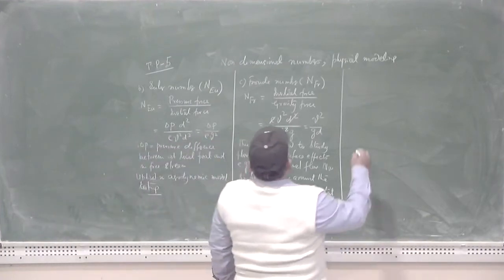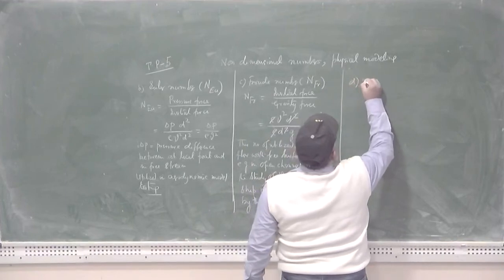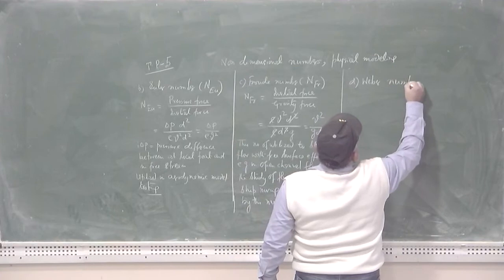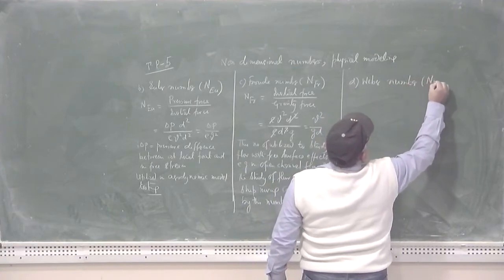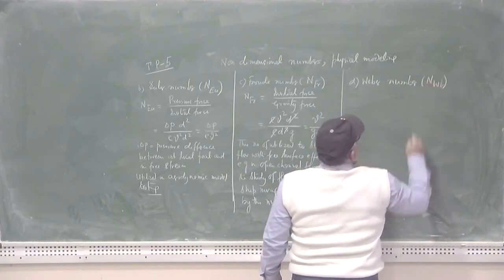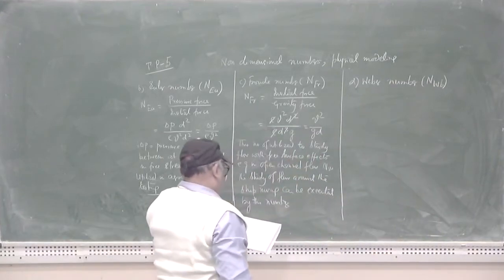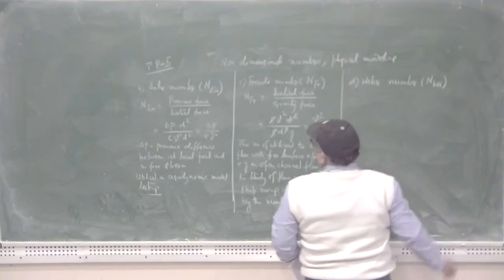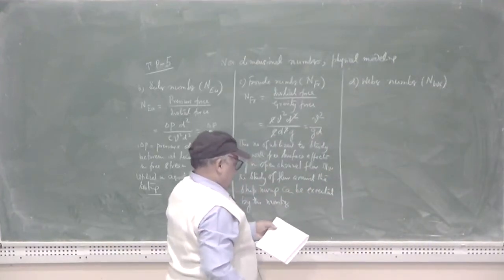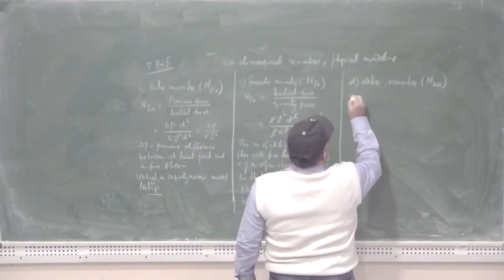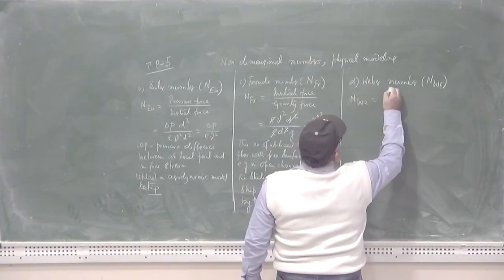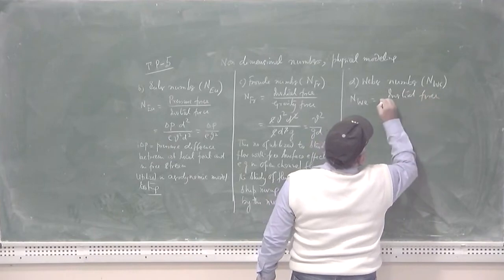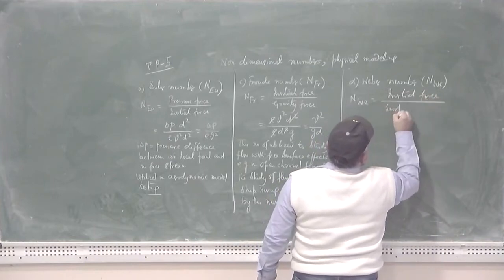Next is the Weber number. This is denoted by the letters NWE, and this Weber number is defined as inertial force divided by surface tension force.